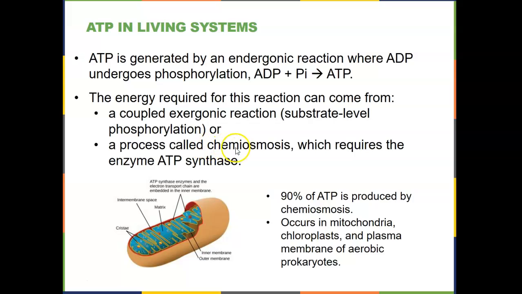Those cells have the ability to do this chemiosmotic process where you're mechanically regenerating ATP using a fairly interesting structure that we'll look at later called ATP synthase, the ATP-making enzyme. And as you can see right here, that chemiosmotic process is the main way in which we make ATP inside cells.